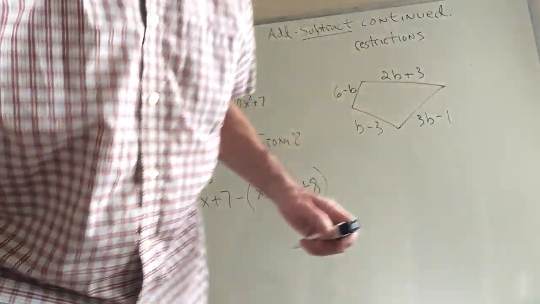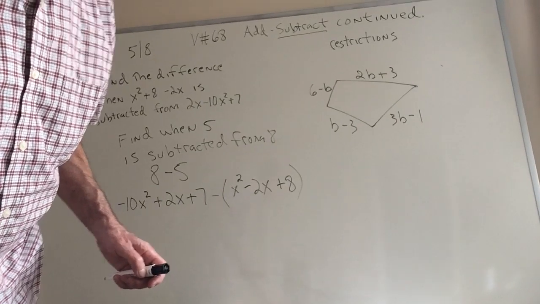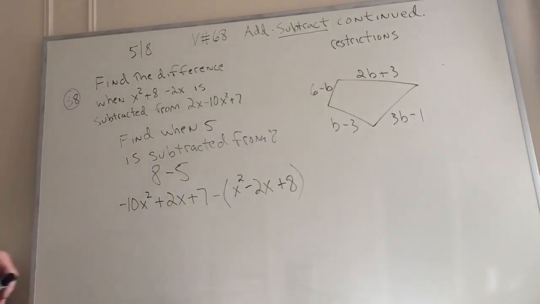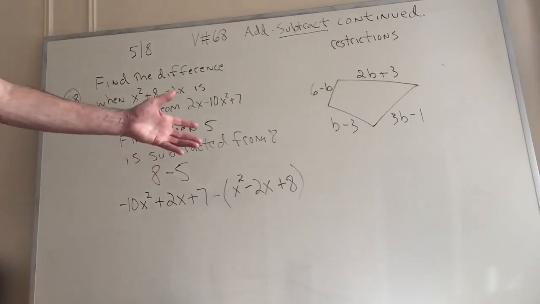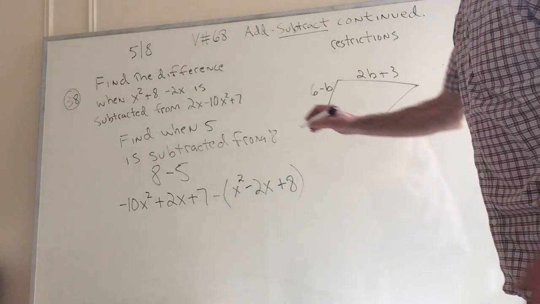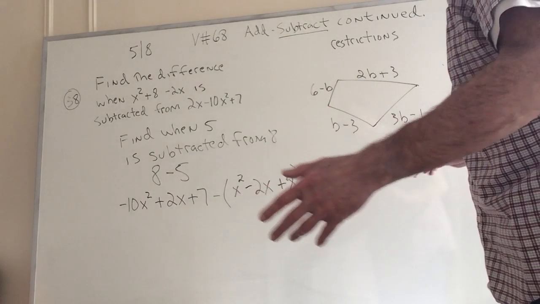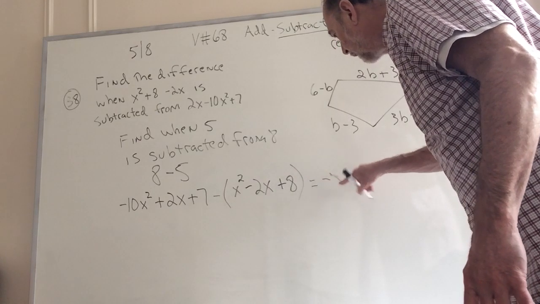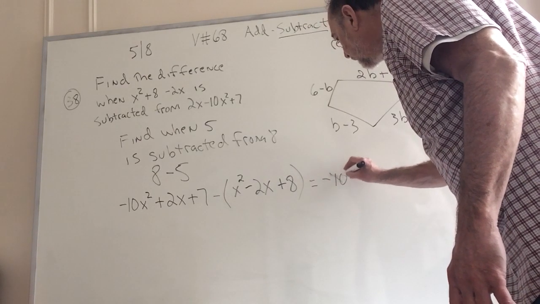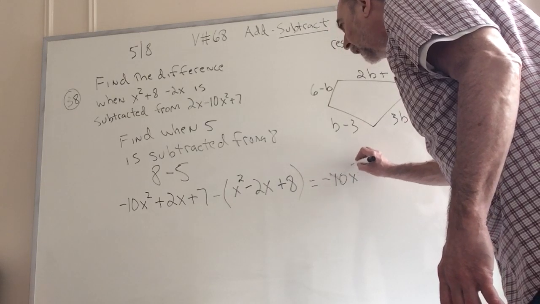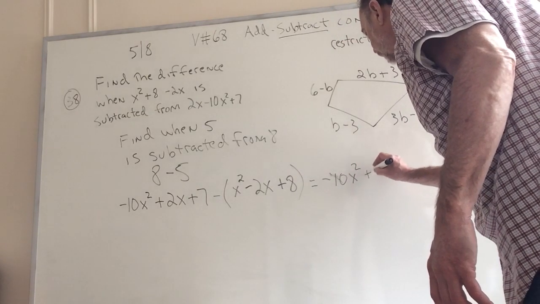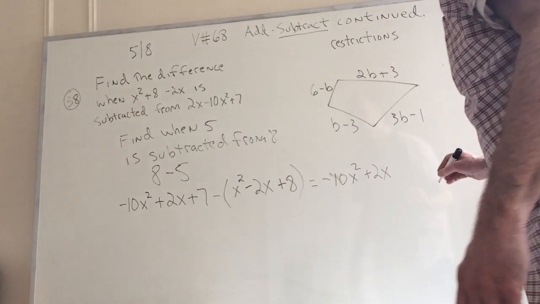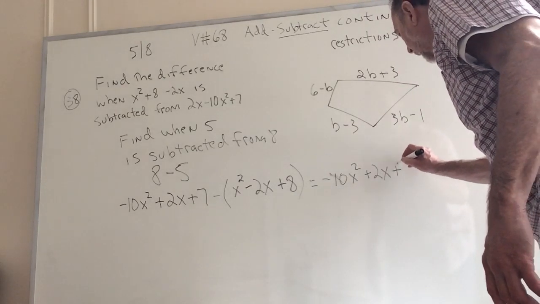Let me move this over just a little bit. And there you see what I've done, and again, I'll continue the problem left to right. Now notice I put everything into standard form. And so when I rewrite the whole thing, I got minus 10 x squared plus 2x. Some kids might not want to do it this way.